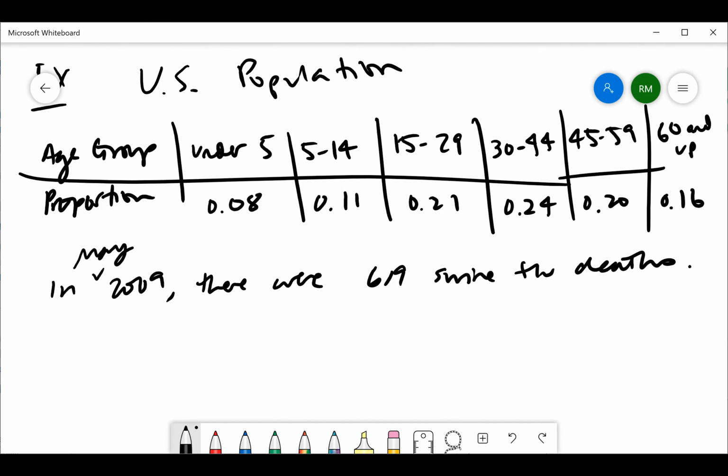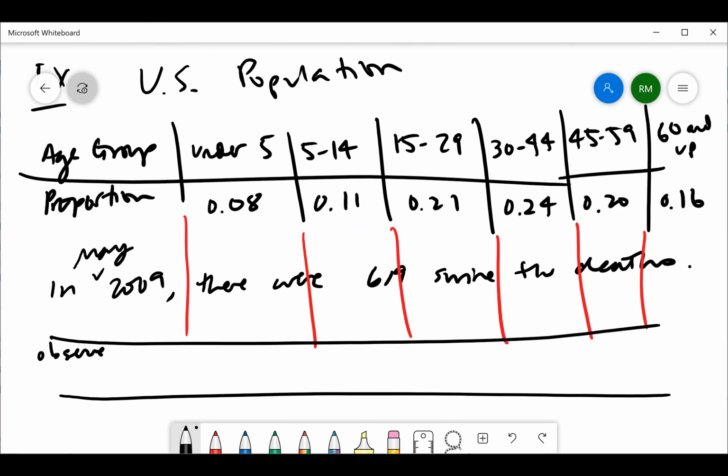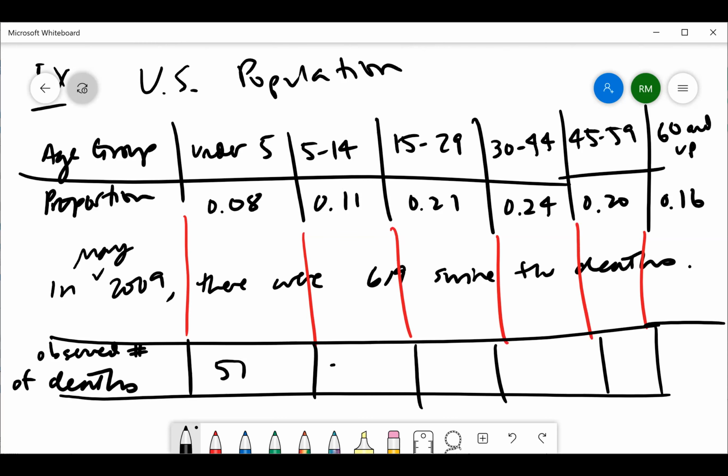So using these same age groups, let's show what they were equal to. So by age group, we had the following number of deaths.